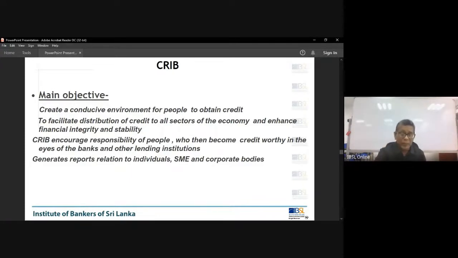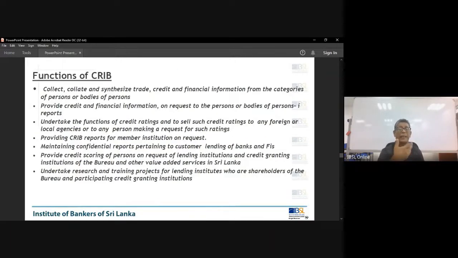There may be a lot of functions carried out by CRIB, right? What are the functions they carry out? They may collect information pertaining to customers, synthesize it and provide this information to related parties. You can obtain reports.